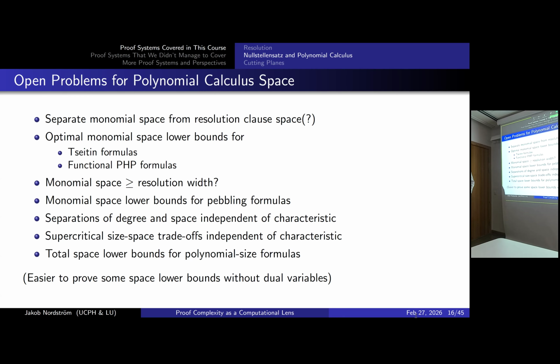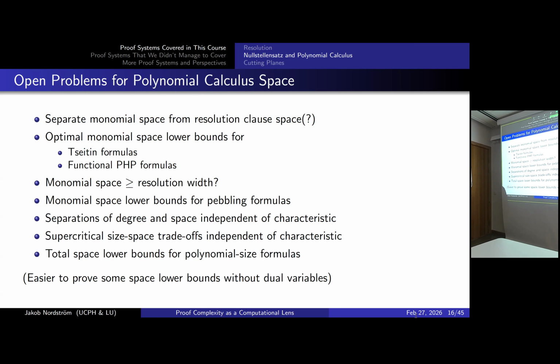We also remember for resolution, we knew that width and clause space are completely uncorrelated, in the sense that width can be constant and clause space essentially maximal, n over log n. We do have an even stronger separation for polynomial calculus.